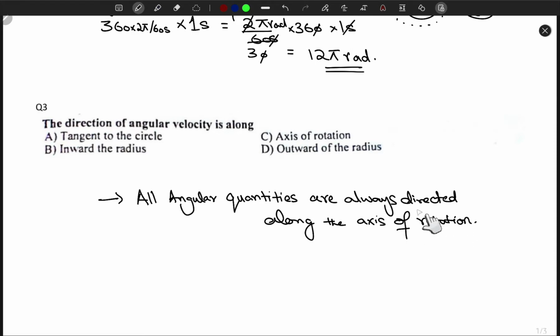So you can think about torque, you can think about angular displacement. All of them are directed along the axis of rotation, right? So then the correct option is option C, the axis of rotation. So all you have to do is remember that all angular quantities are directed along the axis of rotation, right?